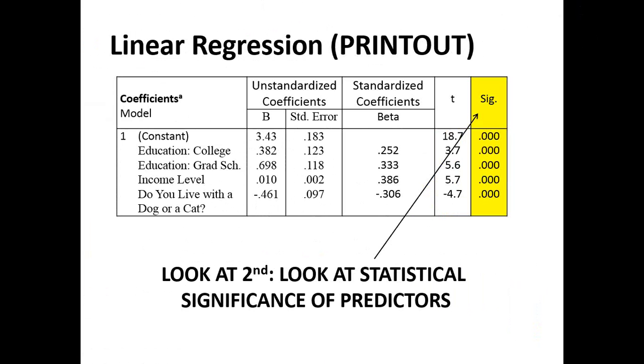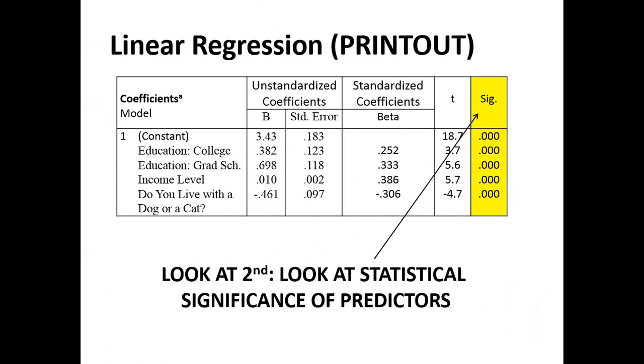Okay, now remember, when we look at education college, that's our dummy-coded variable. So when we look at education college and it's significant, it's not a direct relationship. It's not that college is associated with more happiness. There's the reference group.